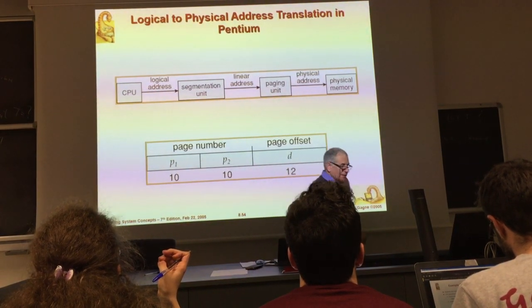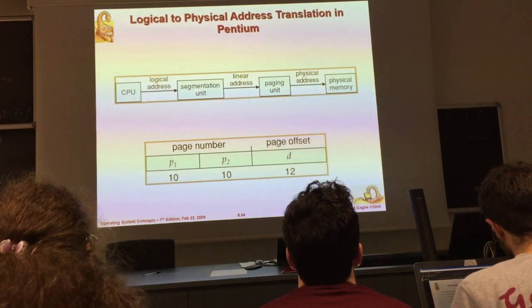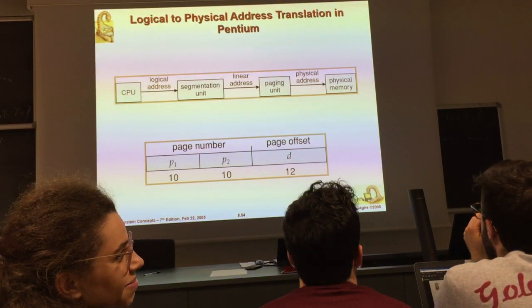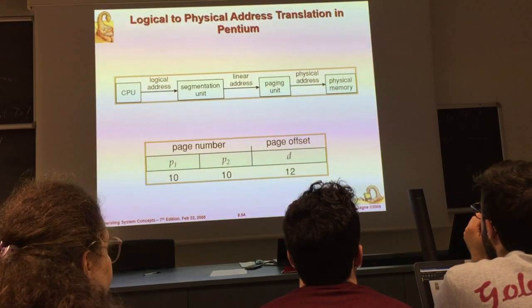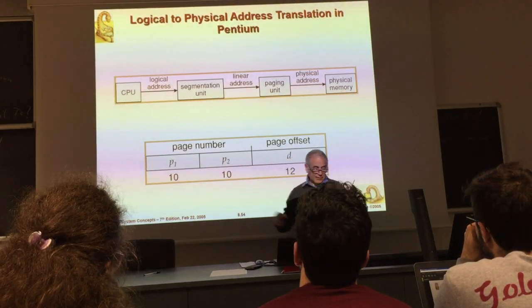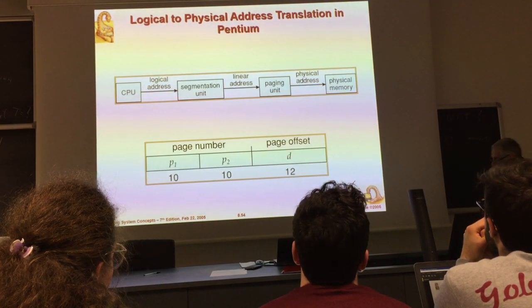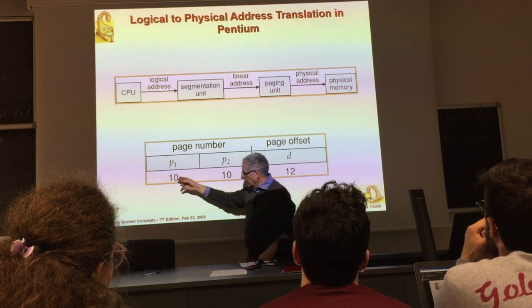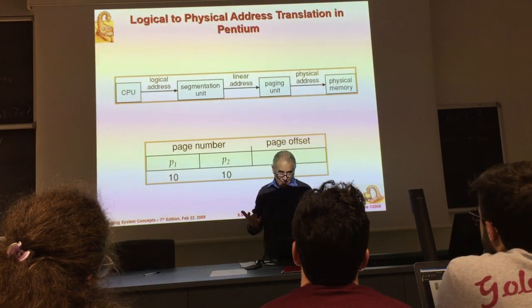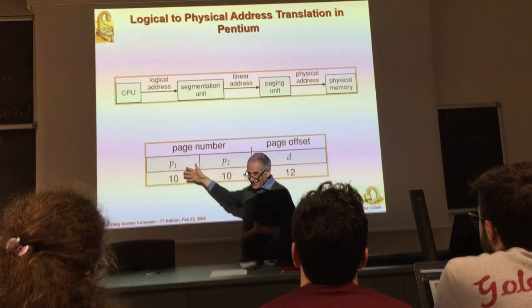For a 32-bit architecture, the dimension of a page is 4 kilobytes, and it uses a two-level hierarchical subdivision of the page table, with the directory page table of 10 bits. 10 bits means 1 kilobyte divided by 4, it means 256 entries.